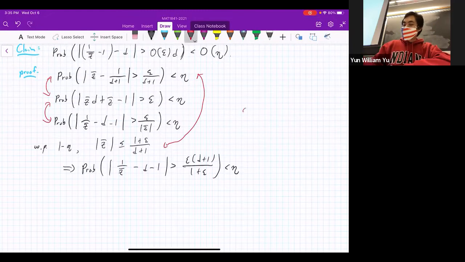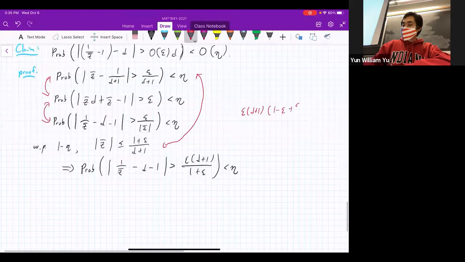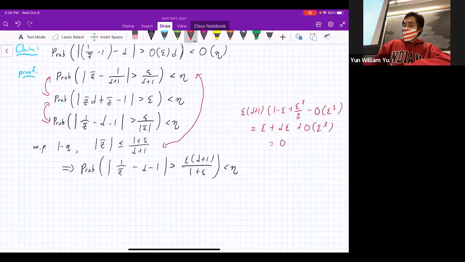That's because epsilon times D plus 1 times 1 over 1 plus epsilon is just 1 minus epsilon plus epsilon squared over 2 minus some O of epsilon cubed. So that's equal to epsilon plus D epsilon plus O of epsilon cubed, which is equal to O of epsilon times D. And so we know this thing here is O of epsilon times D, and this thing here is clearly O of eta.